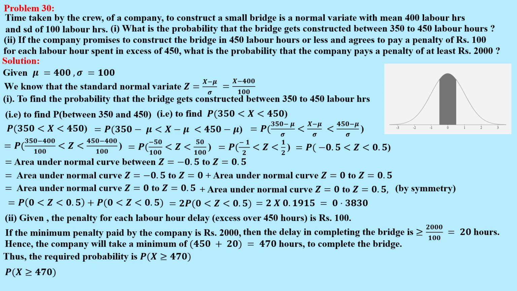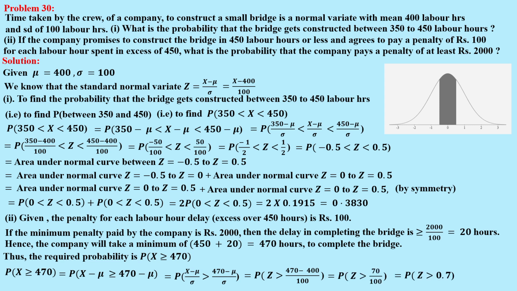So x minus mu by sigma greater than or equal to 470 minus mu by sigma. That is probability of z. You can write this directly, because in each and every problem I am doing the same steps, that is why I am explaining. If you know, then you directly write probability of z greater than 470 minus 400 by 100. Within a second you can calculate, right? So probability of z greater than 70 by 100, that is 0.7.